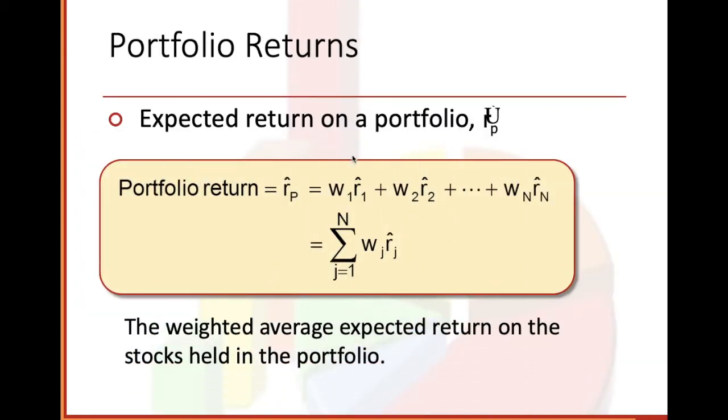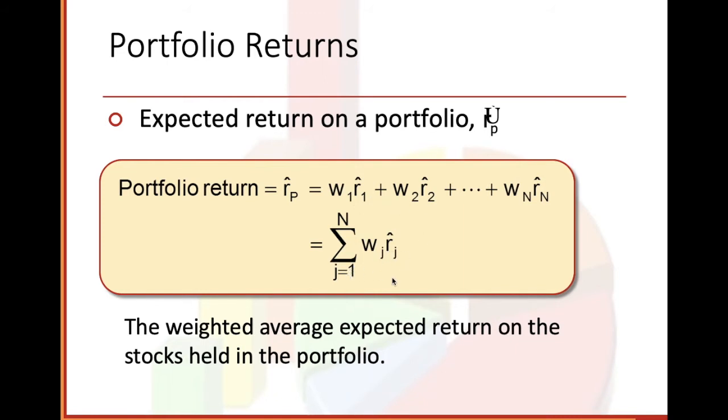Portfolio returns, expected return on a portfolio. Okay, so here's the portfolio return, r_p, which equals w_1 r_1 plus w_2 r_2 all the way to w_n r_n, so in summation. All we're doing is summing all of these, 1, 2, 3, however we go, up until j equals 1.